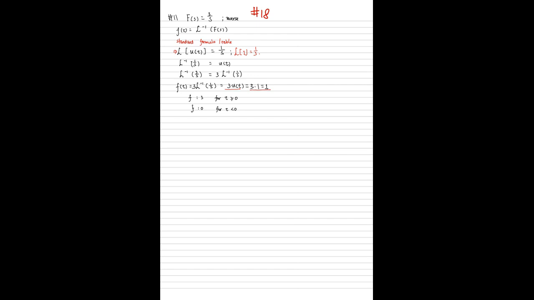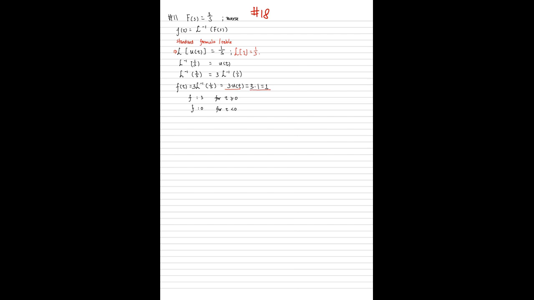So I found the two versions of it, so I did the two versions of the answers also. Capital F of s is equal to 3 over s. To find the inverse, f of t is equal to the inverse of capital F of s, so follow the standard form. The L of u of t is equal to 1 over s, and the L of 1 is also equal to 1 over s.